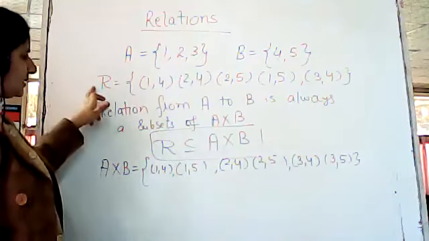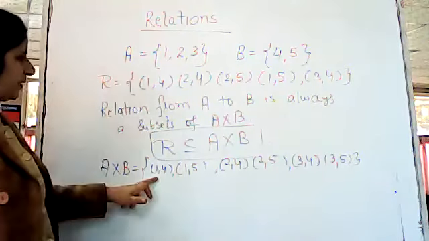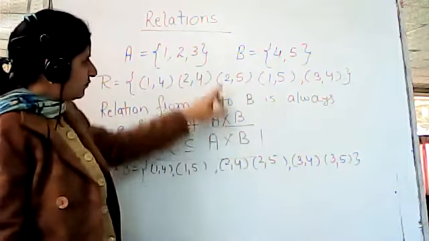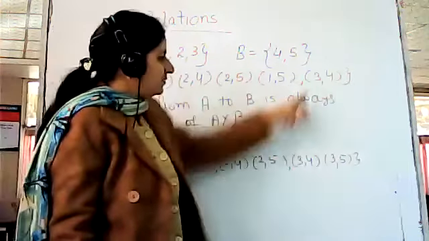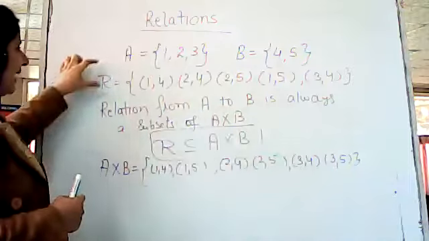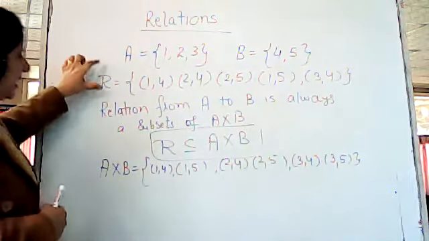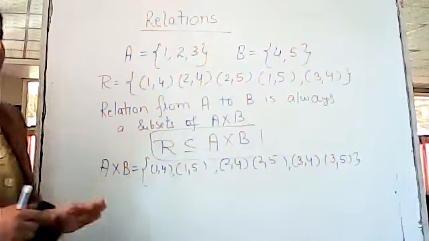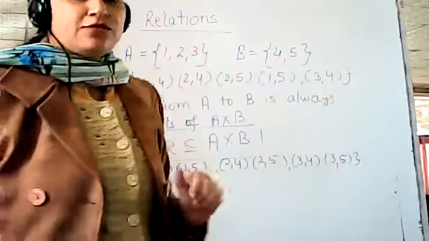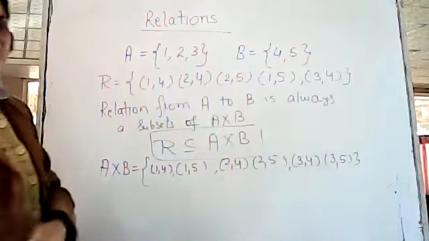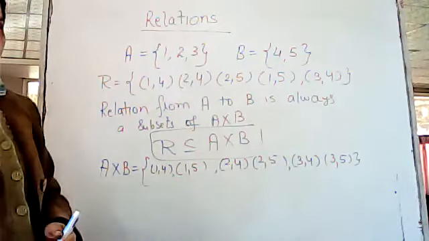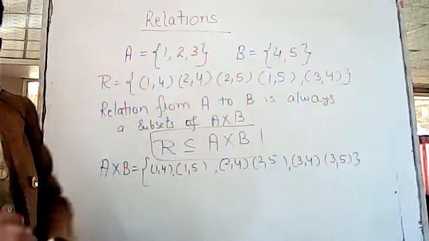It means the elements of a relation always come from their Cartesian product. For example, in this relation, I have taken the pairs (1, 4), (1, 5), (2, 4), (2, 5) and (3, 4). It means the elements of this relation will always come from A cross B. So this is the basic definition of relation. Any doubt in this definition? No, ma'am. Okay.